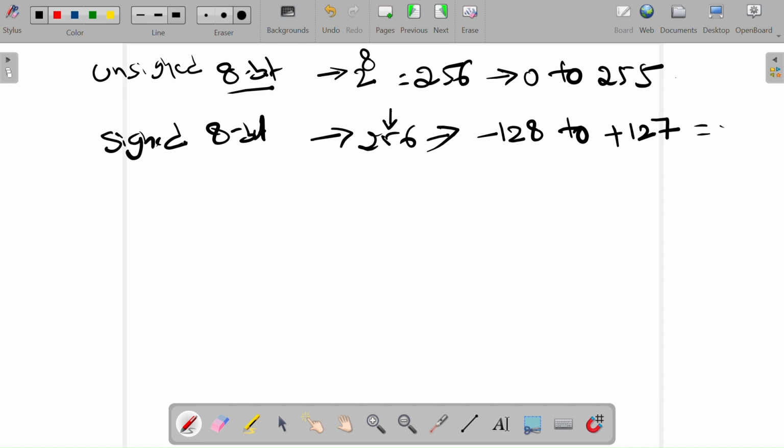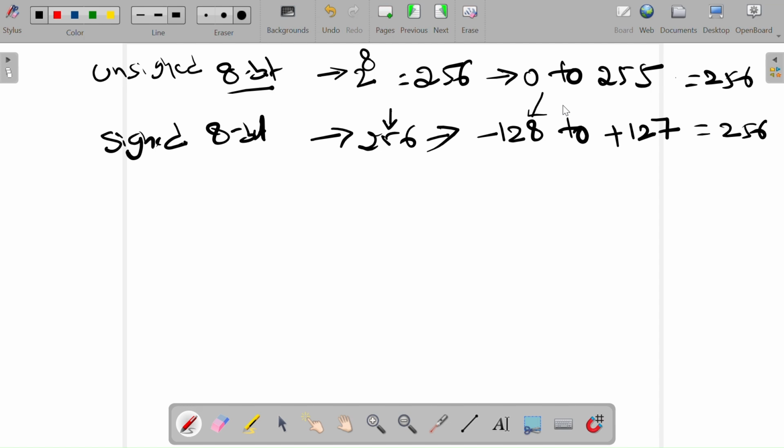Unsigned means only positive number representation, signed means both negative and positive number representation. This is a major thing.